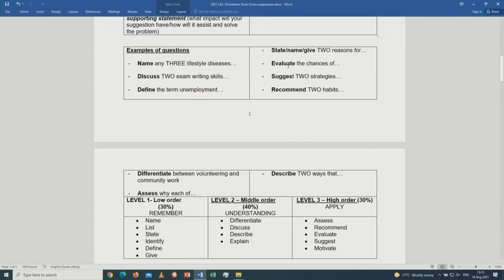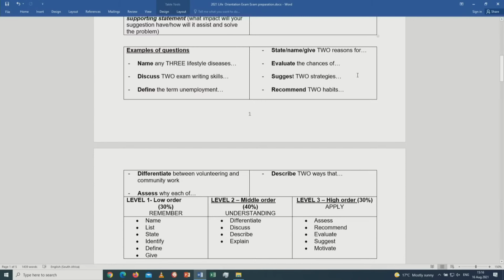State, name, give 2 reasons for, like I said, maybe high rate of unemployment. Evaluate what are the consequences of late application of admission to an institution of higher learning, such questions. Suggest how learners can ensure that they secure a place at an institution of higher learning, for an example.